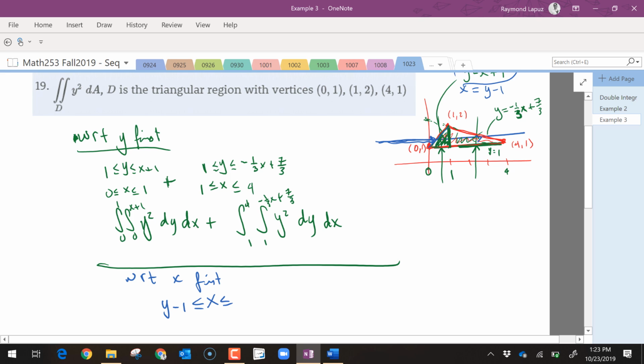And then I would be inside of the region, and then I would be exiting this other line function. And again, we want that in terms of y. So 3y equals minus x plus 7, so x equals 7 minus 3y.